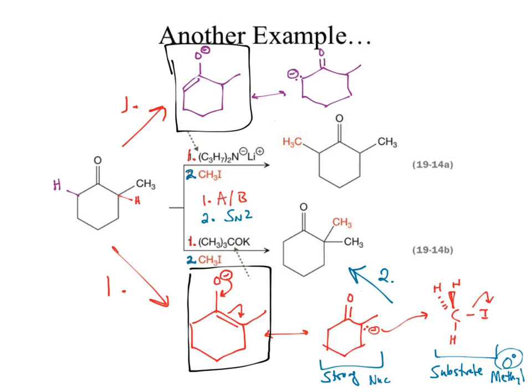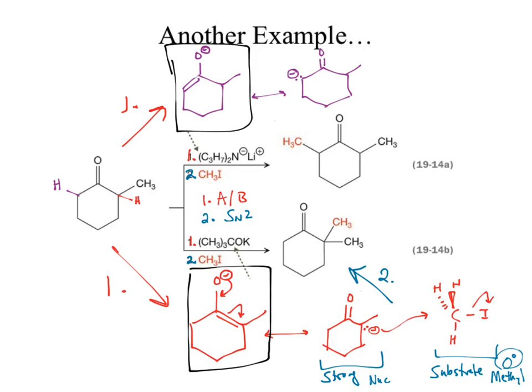What are we evaluating to decide kinetic or thermodynamic? Stability. So we need to look for the most reactive thing. What's the most reactive thing in both those boxes? The negative charge. Okay, the negative charge is absolutely the most reactive thing, but it's the same. So we look for the next most reactive thing.